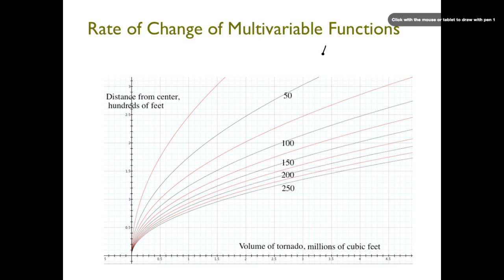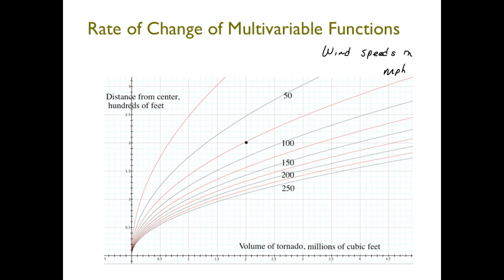So I should really have this labeled wind speeds. Depending on how big the tornado is and how far you are from the center determines your wind speed. So this is a graph of that.